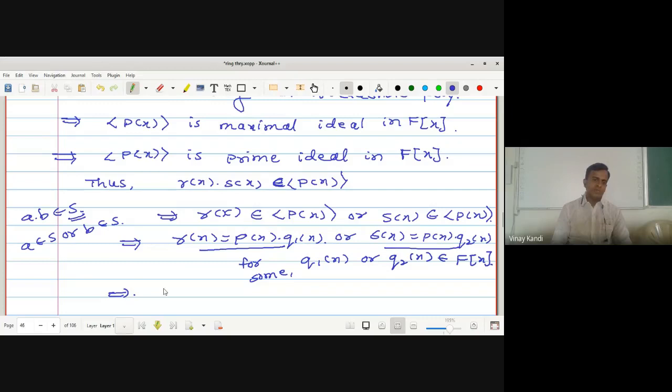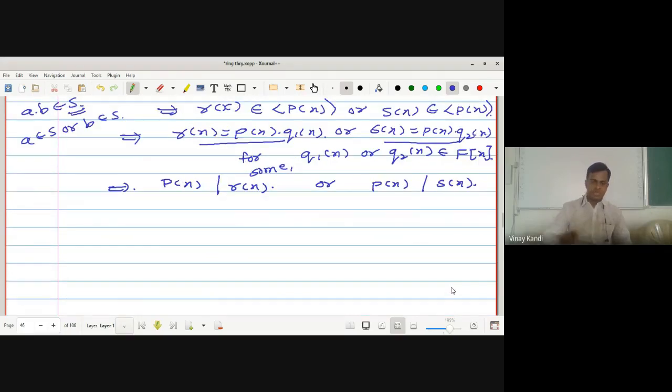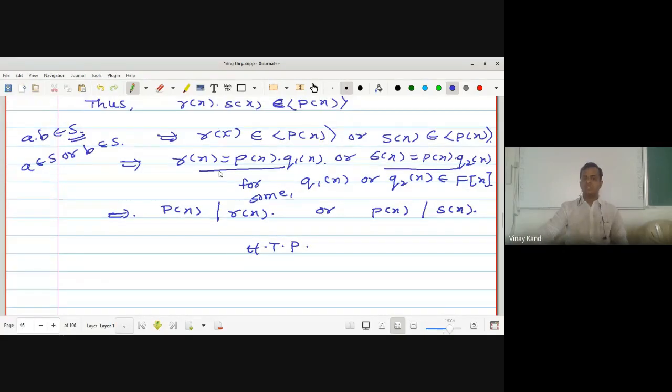That implies p of x divides either r of x or p of x divides s of x. Okay, hence the proof. p of x divides r of x into s of x, it implies that either p of x divides r of x or p of x divides s of x.